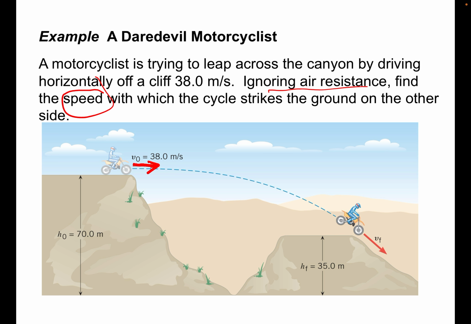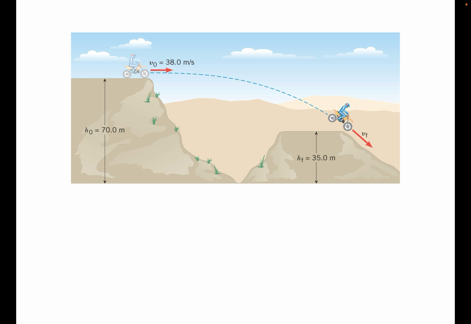And we can definitely solve for speed from the final kinetic energy. For this one, when the cyclist is in the air, only gravity is doing work on the motorcyclist, so mechanical energy is conserved.